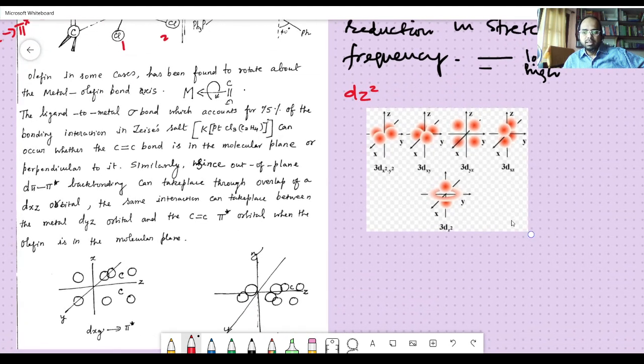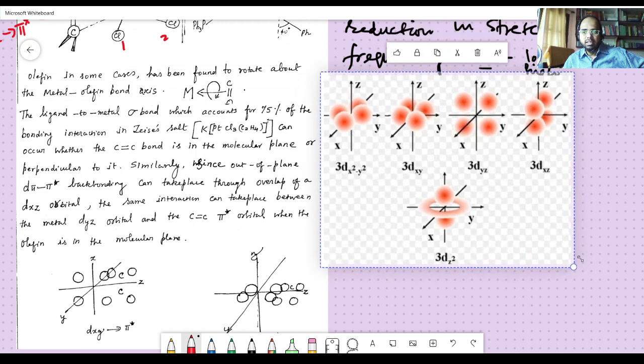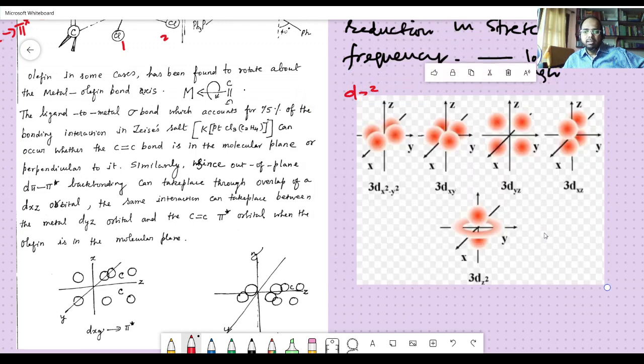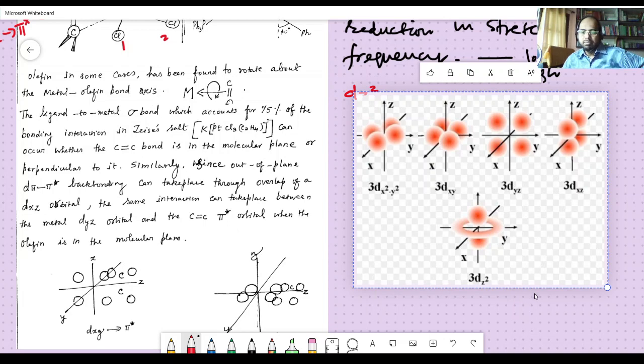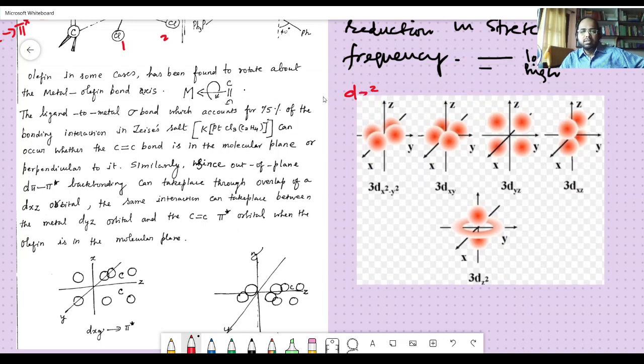You can see the 3d orbitals, those of the higher transition series. If you have x-axis, y-axis and z-axis, you can see that dx square minus y square is some kind of distribution of electron density along the axes. dxy is along x and y, and x square minus y square is a functional that we have to incorporate depending on the phase of the lobes.